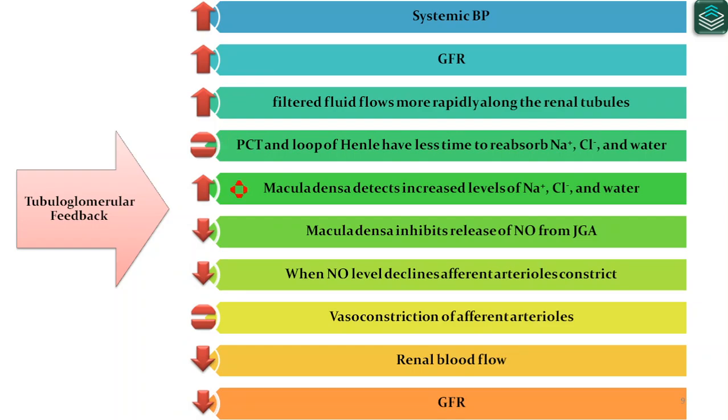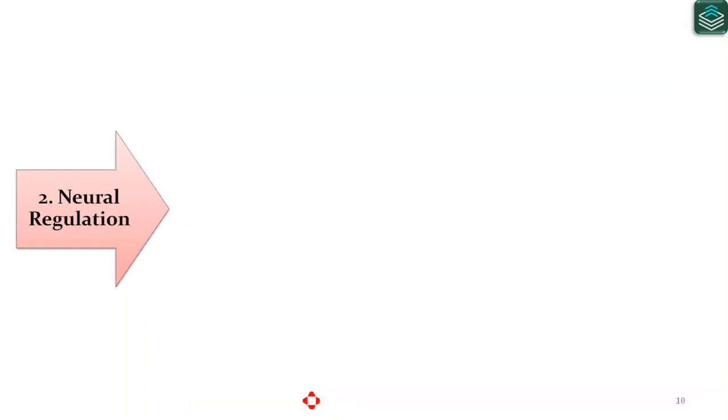This increased concentration of ions is detected by the macula densa, which stimulates the juxtaglomerular apparatus and causes a decrease in the release of nitric oxide. When nitric oxide secretion decreases, it causes constriction of afferent arterioles, which decreases renal blood flow and decreases GFR.